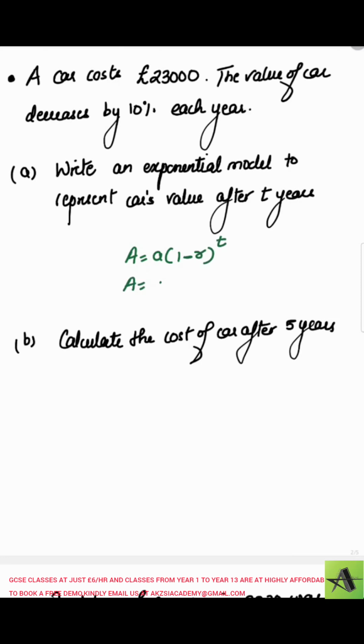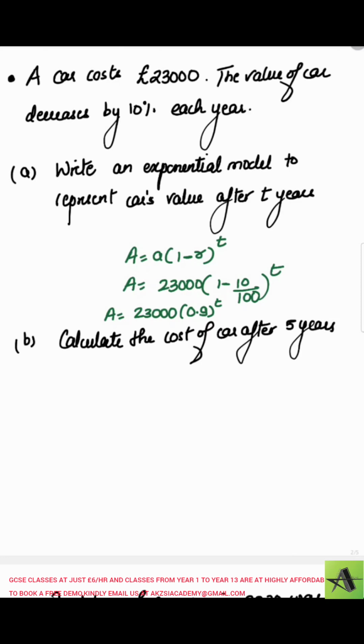A stands for the initial value, 23,000, times 1 minus 10 over 100 to the power of t. Or you can write 1 over 10, or 0.1, or directly 1 minus 0.1 will give you 0.9. So you will get 23,000 times 0.9 to the power of t, and that's your exponential model.